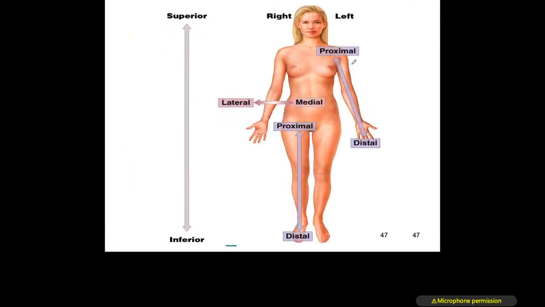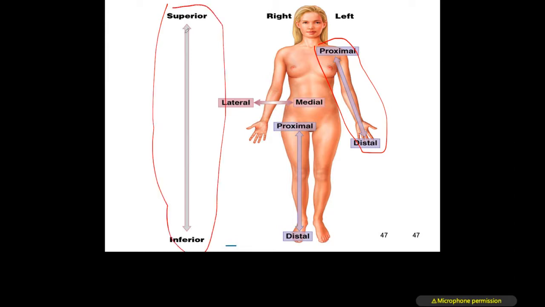Let's take a look on picture. So proximal and distal is similar to superior and inferior, the difference is superior and inferior are in relationship to the entire body. Right, superior is moving up, inferior is moving down. But if you look at proximal, it moves up, and distal, the arrow moves down. When we're talking about parts of the body or extremities, we use proximal and distal.